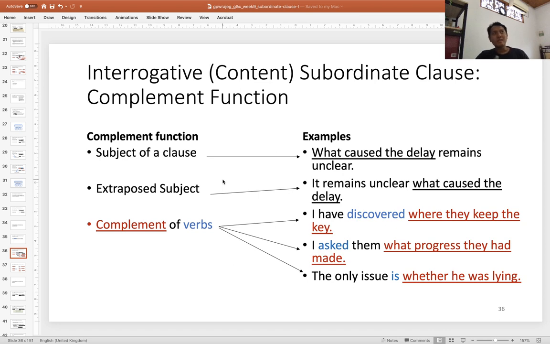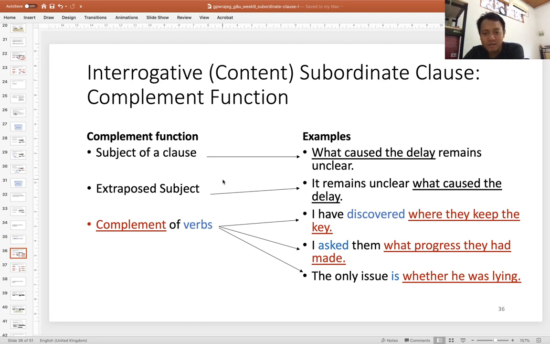"What caused us staying home is the COVID-19." Well, I hope we don't stay at home that long. And it can also function as an extraposed subject, like "it remains unclear when we can be free from home." Yeah, it remains unclear.